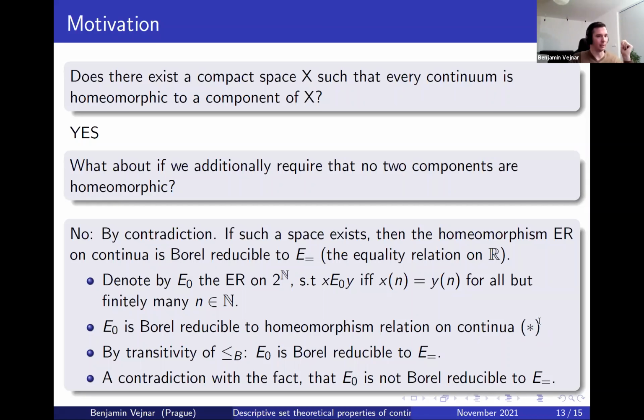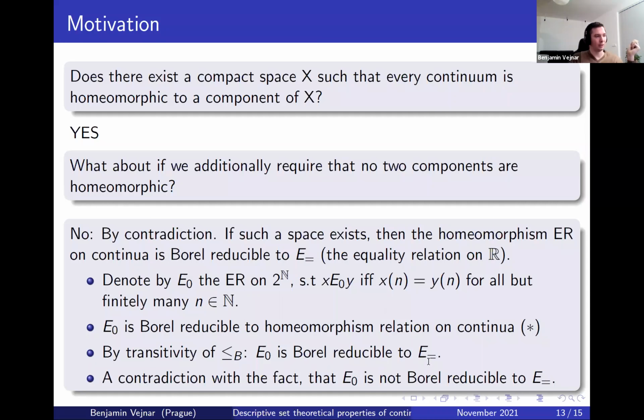This is like the most important thing here. And by transitivity of this Borel reducibility, we then obtain that E0 is Borel reducible to the equality equivalence relation. Okay, because E0 is Borel reducible to homeomorphism relation, and homeomorphism relation is Borel reducible to equality.